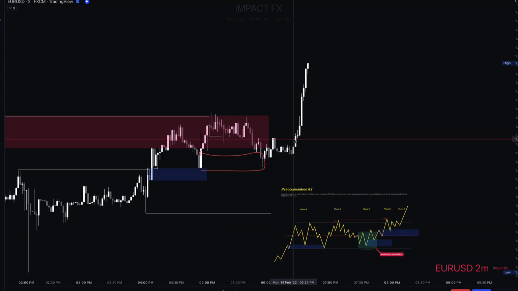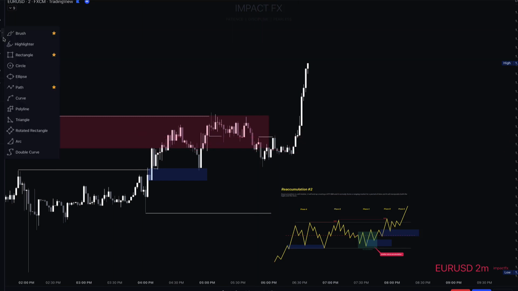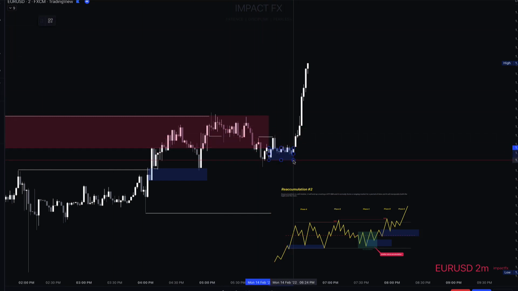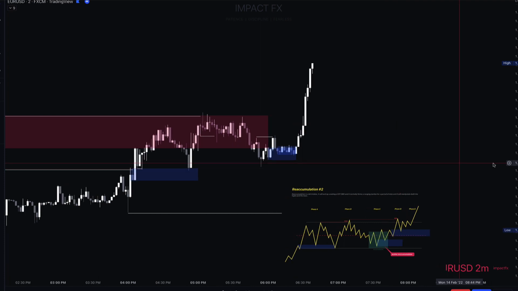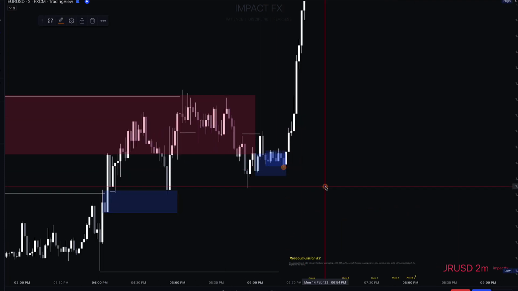So on the 1 minute or 30-second, and I don't believe I can go to the 1 minute, I'm too far back in price, but you can clearly see that now all of a sudden what do we have? We have our signs of weakness, we have our new demand zone, and then we have a new micro reaccumulation here with your spring right here.